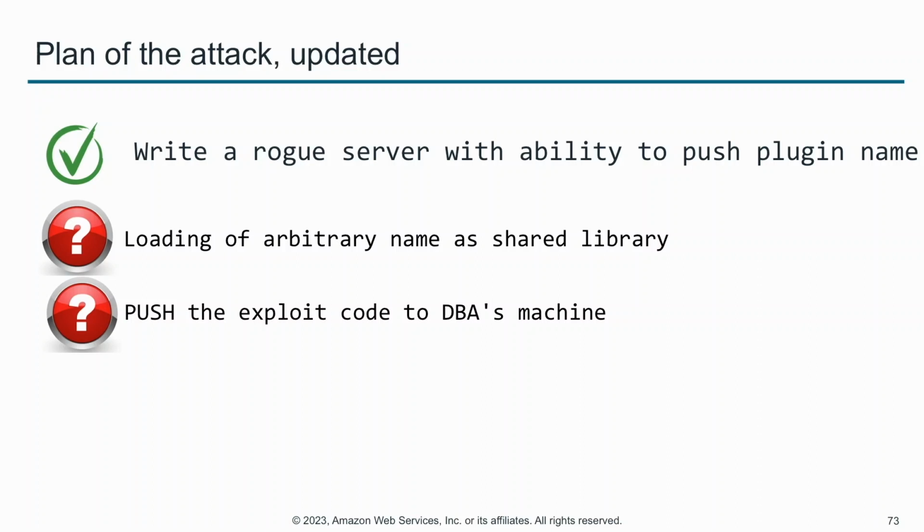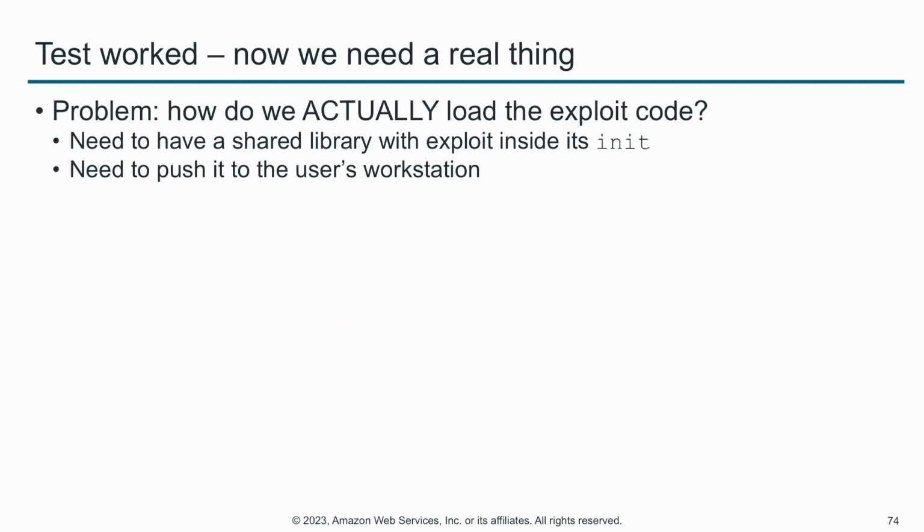Now we need to load an arbitrary name as a shared library. So we need a shared library. We need code. Right? So the problem is, how do we actually load the exploit code? This exploit code should technically be a plugin.